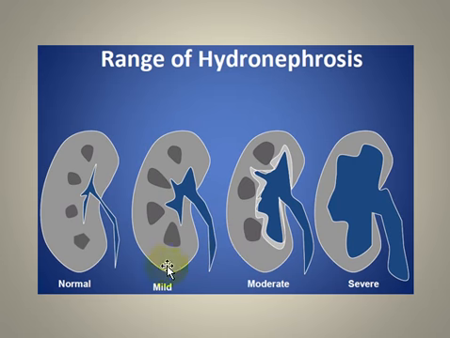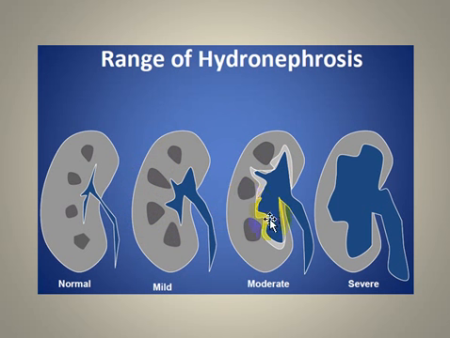Degree of hydronephrosis, or range of hydronephrosis: this is a normal, and this is the pelvic system. This is mild hydronephrosis, and this is the moderate hydronephrosis. Between the mild and moderate hydronephrosis, there is no calyceal dilatation.